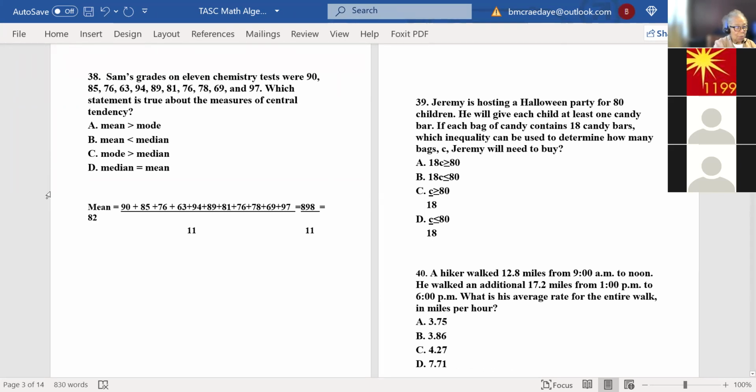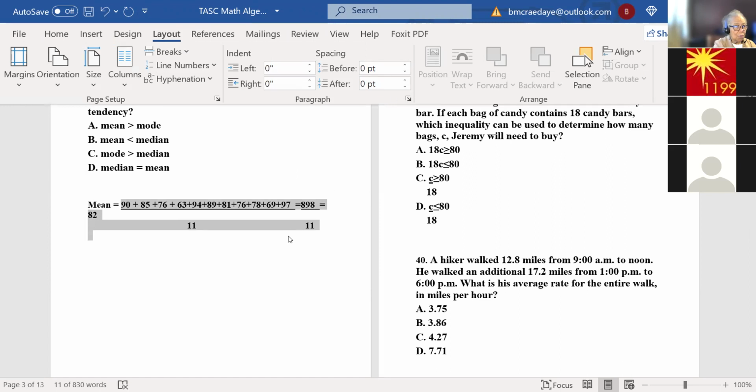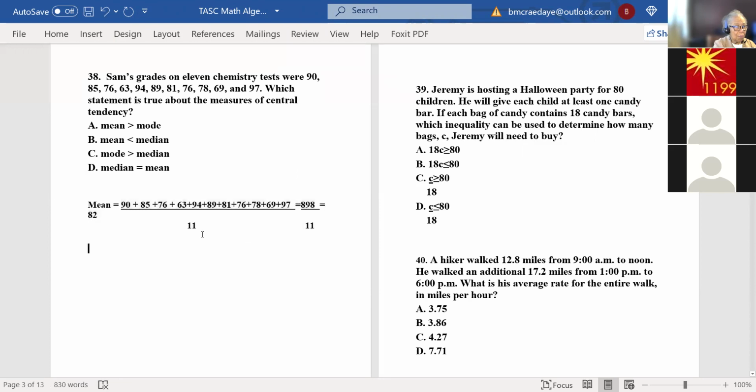All right. So the mean equals 82. Okay, so what's your answer?